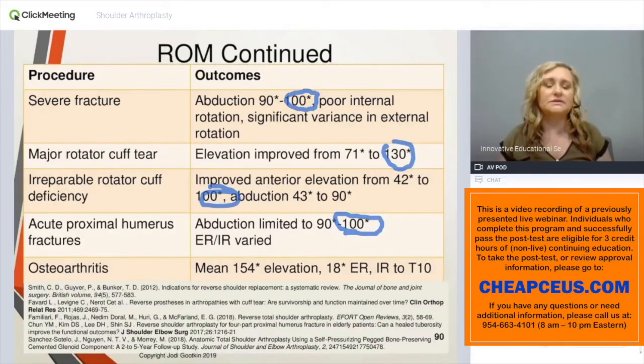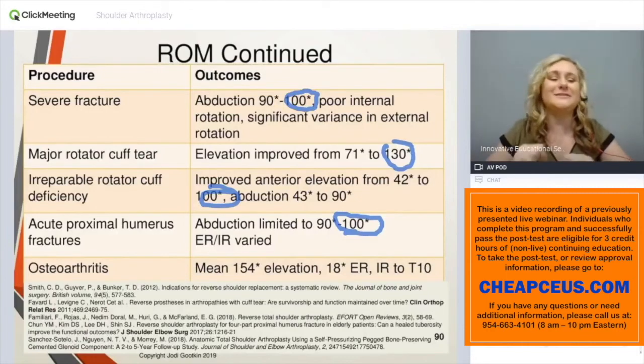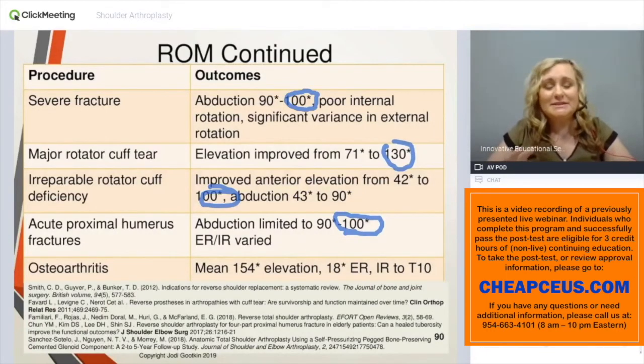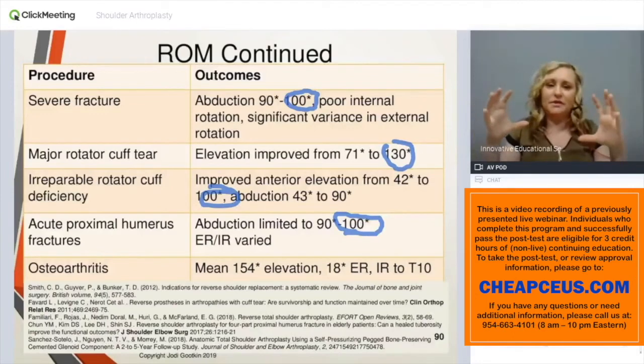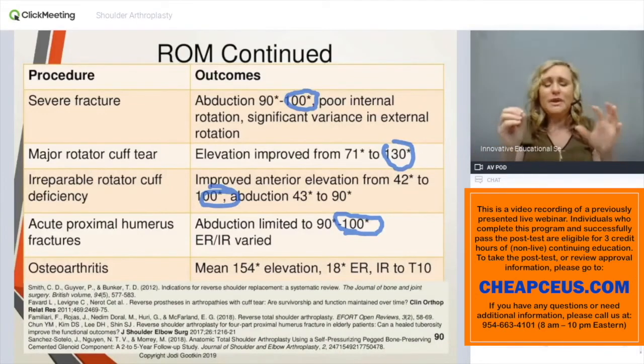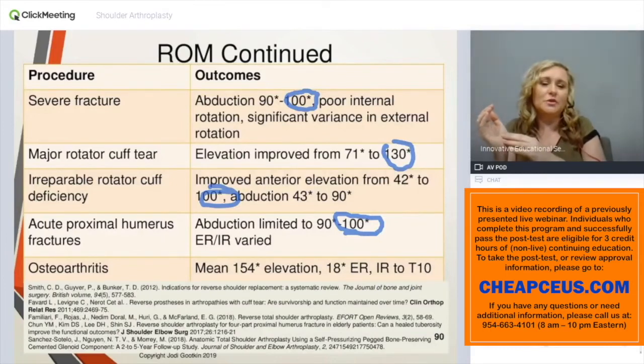They're also finding that there's a variation in the amount of internal and external rotation that patients are achieving. And when I looked at these different studies, I was trying to find a great statement I could give you in conclusion about the research. One consistency that I saw is that, generally speaking, if you looked at pre versus post-op, and this is just me running the numbers, most patients had about a 50% increase in their range of motion.